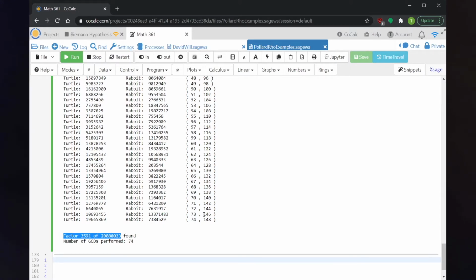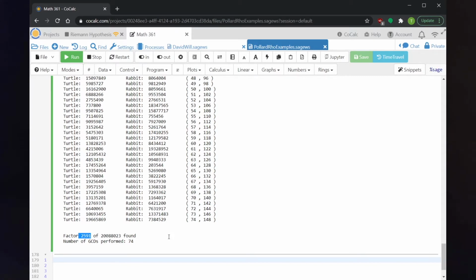Well, I'd have divided by 2, then by 3, then by 4, then by 5, then by 6, and so on, until I divided by 2,591, and at that iteration I would have found this factor with trial division. So roughly speaking, trial division would have taken 2,591 iterations to find this factor. However, our algorithm, Pollard rho, took only 74 iterations in this particular instance.